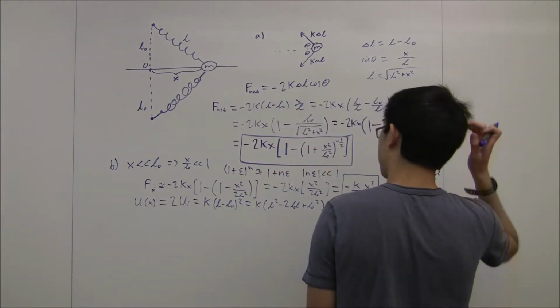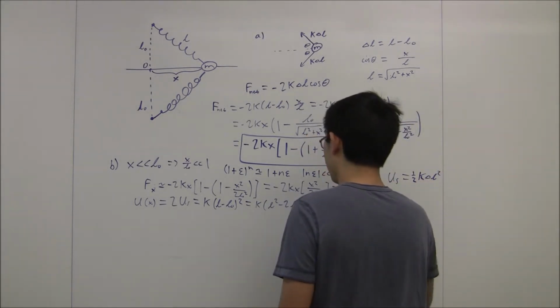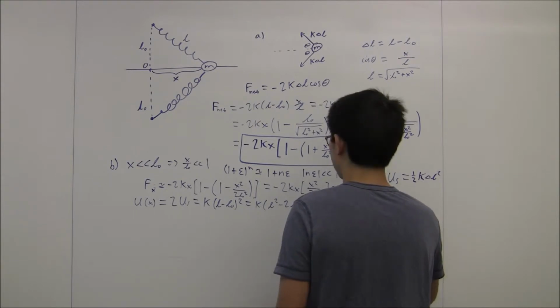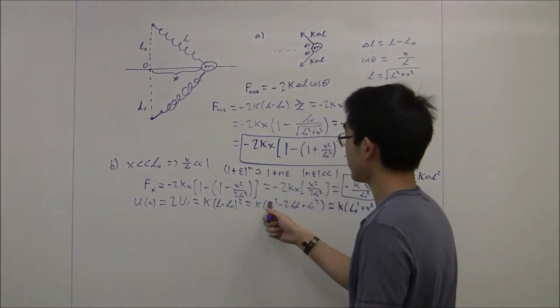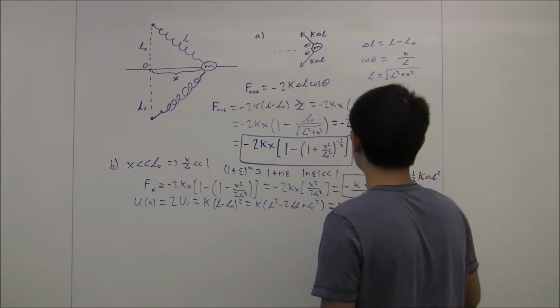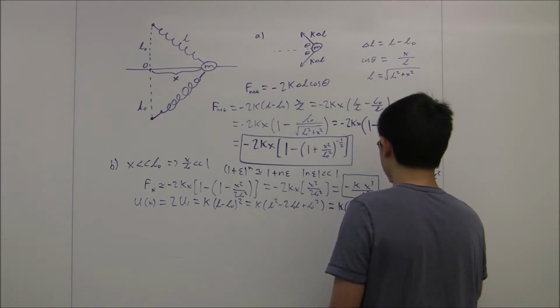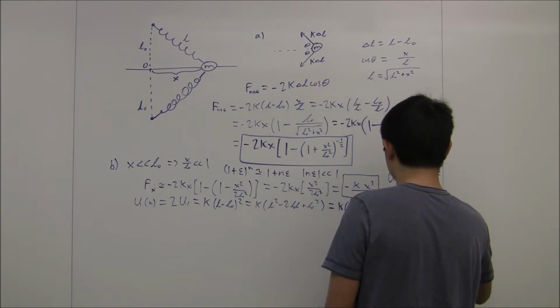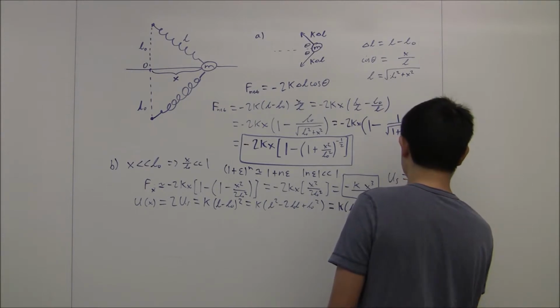And if we substitute in our values for L, we're going to get k times L naught squared plus x squared, which is just the L squared term here, which gets rid of the square root, minus 2 times L naught times the square root of L naught squared plus x squared, plus L naught squared.